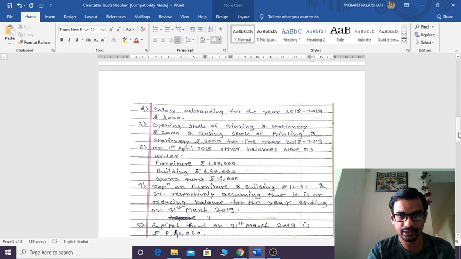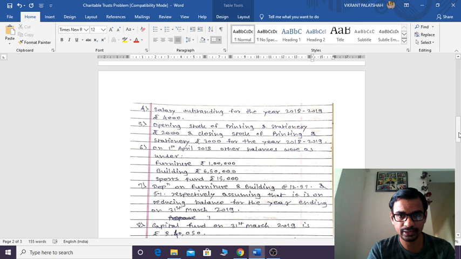If we calculate at 12.5%, it comes to 11,562. We are converting it to the nearest rupees, and it is allowed. So it is 11,500. Understood?